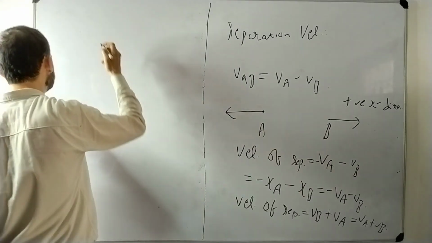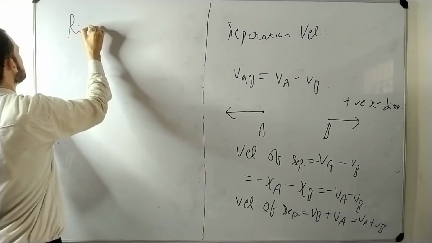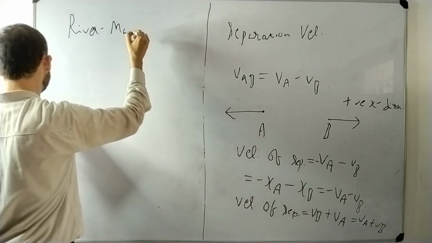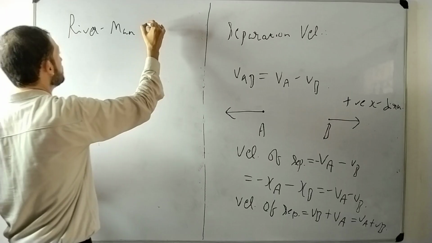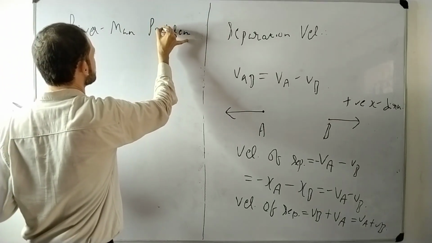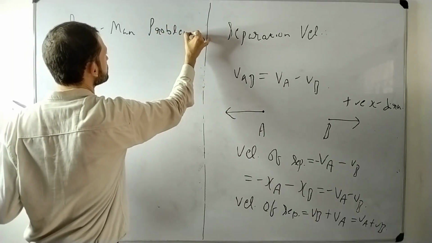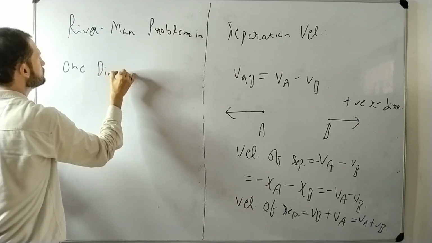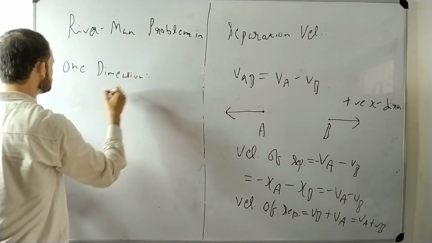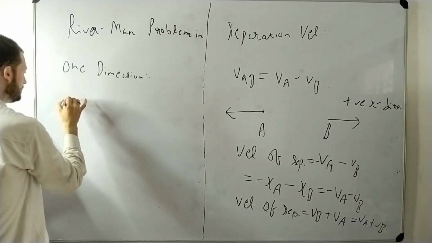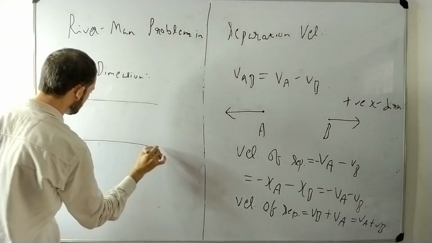River-man problem in one dimension. So this is the man and he is going upstream.